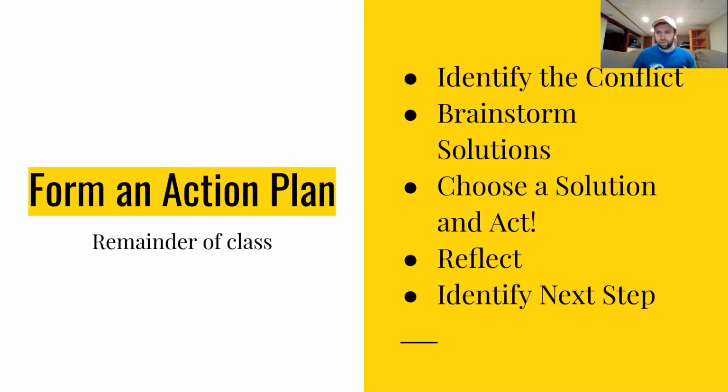It's important during this whole action plan forming process to collaborate with other people. So talk with other people through the problem that you're having and see if they can come up with other solutions or think about the possible outcomes of the path that you're thinking of taking. So really work together to try and solve these problems together.